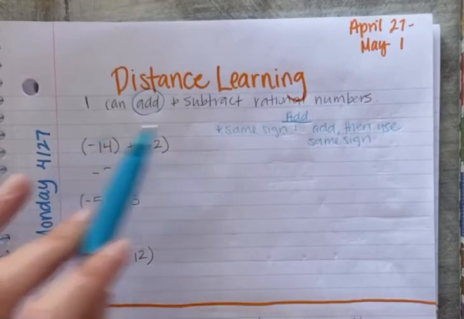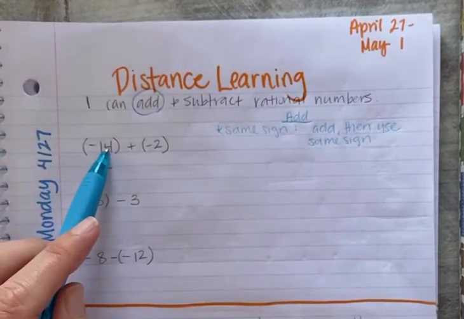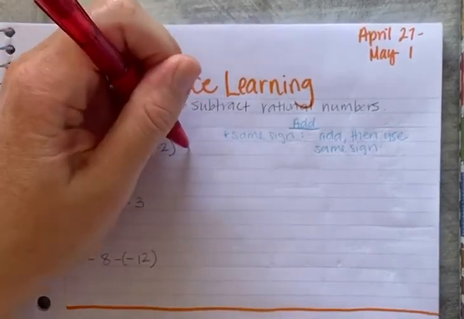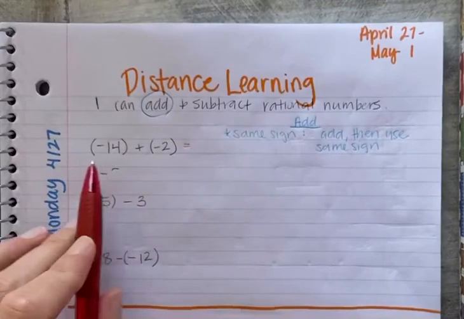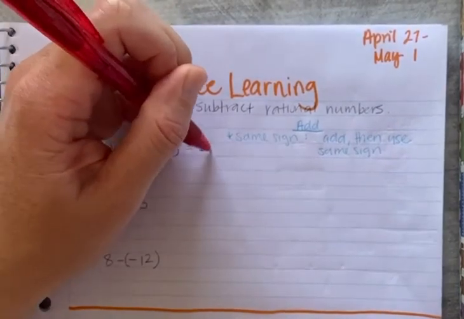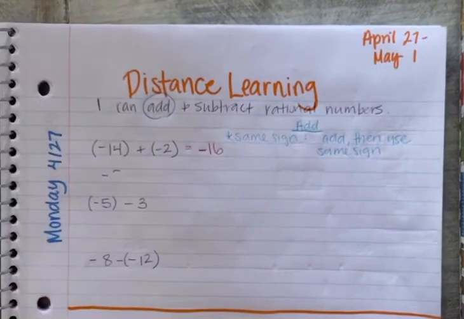Following those instructions, 14 plus 2 is 16. And then I would use the same sign. These both have a negative in front of them, so my answer would also be negative. And that would be my answer, negative 16.